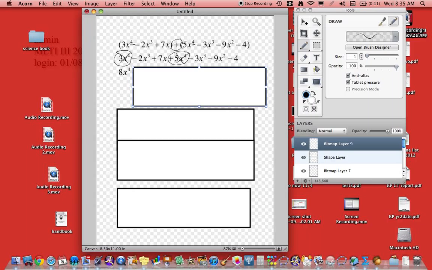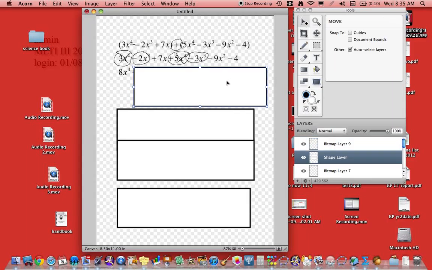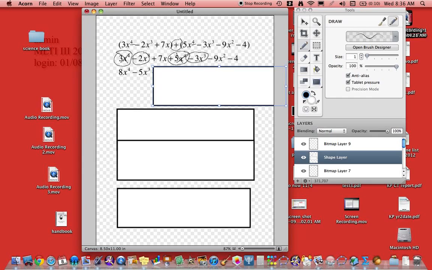Okay, I'm going to move on to the next highest order, which is the thirds. I have a negative 2x cubed and I have a negative 3x cubed. Those are going to combine to make a negative 5x cubed. Okay, and I'm going to move on, see if there's any squareds. I see that there's a 7x as the next one here, but I do have a negative 9x squared on this side.